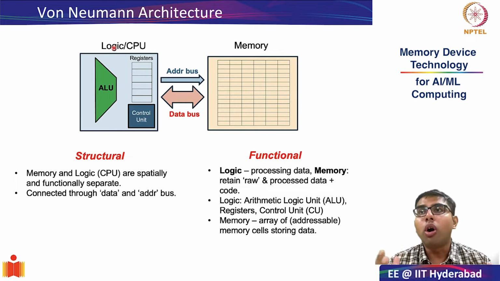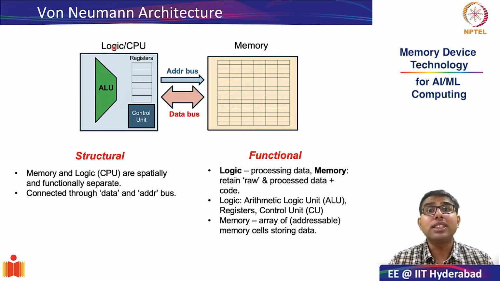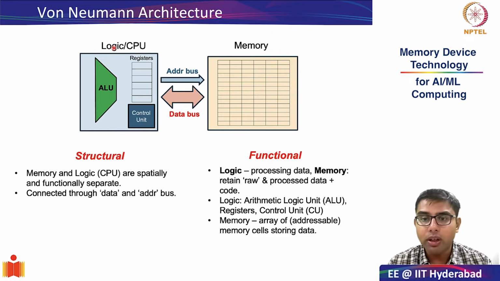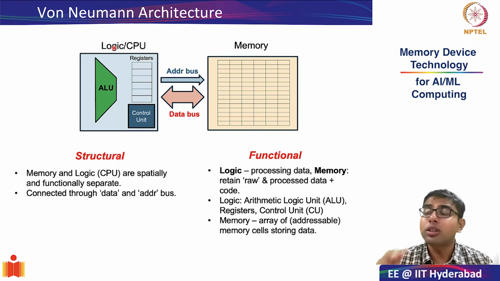Whereas the functionality of the memory element is very simple. It is to retain the raw data which needs to be processed, the processed data after the logic has done its job, and also the computer software or code which will tell the logic element the sequence of steps it needs to do.